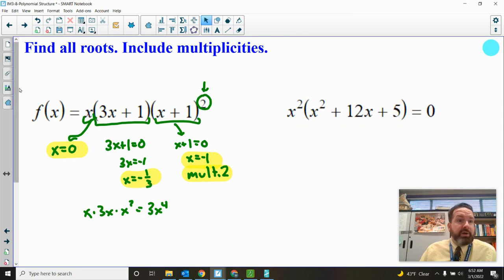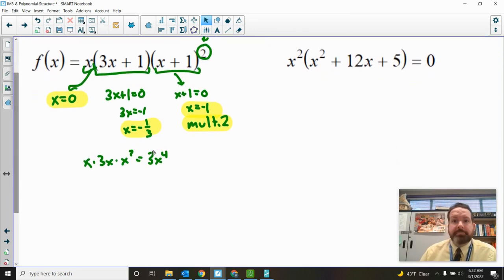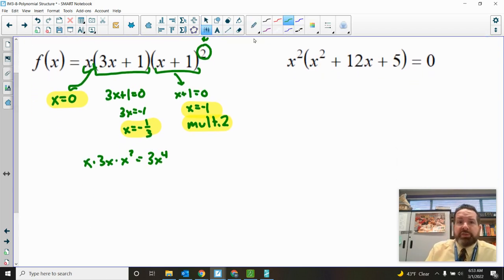Okay, let's find our roots again. Tell you what, I'll just work in silence so that you can also do your work at the same time, and then we'll see if we end up agreeing with each other.